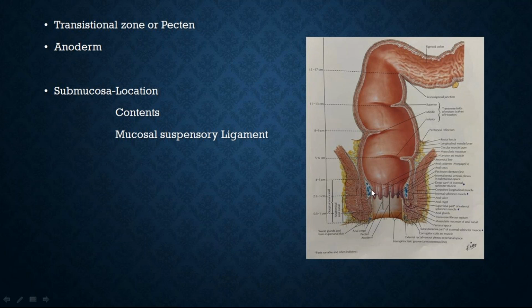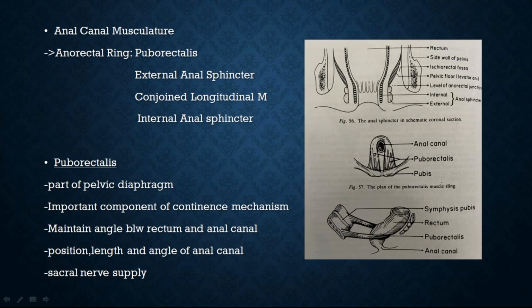This structure gives structural support to the submucosa and mucosa of the anal canal. So it is the mucosal suspensory ligament. It is suspended from the mucosa, and it is coming from the longitudinal muscle layer of the anal canal.